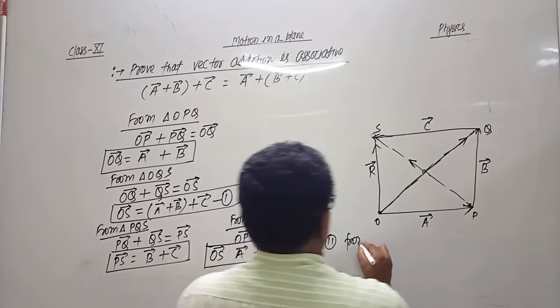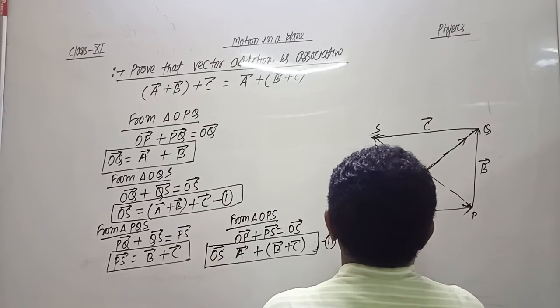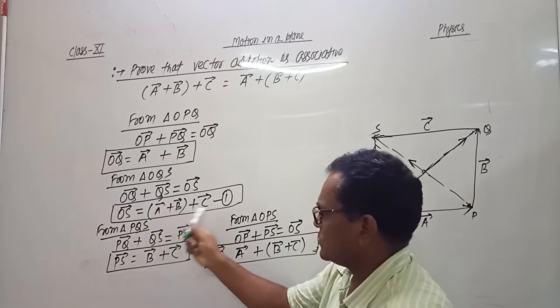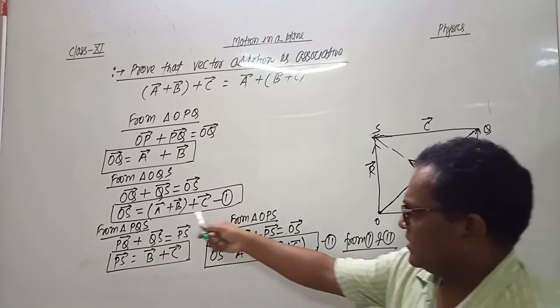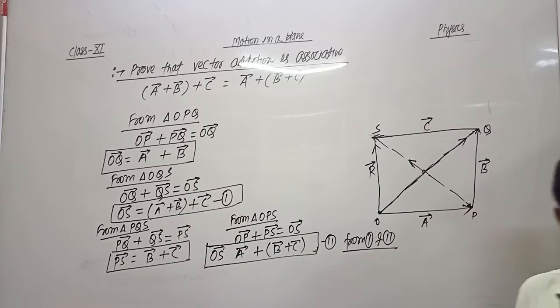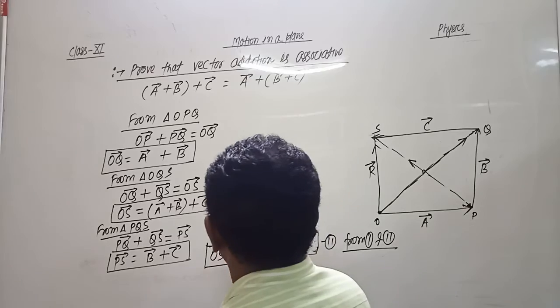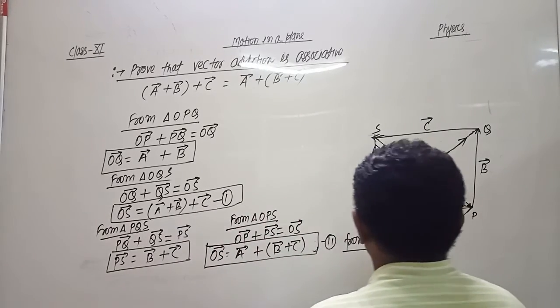So from the first and second, both are equal to the OS vector. OS vector equals (A plus B) plus C, and again OS vector equals A plus (B plus C).